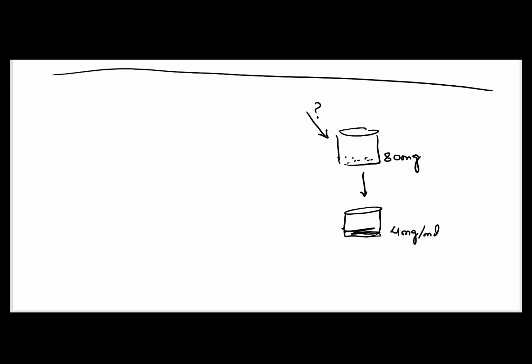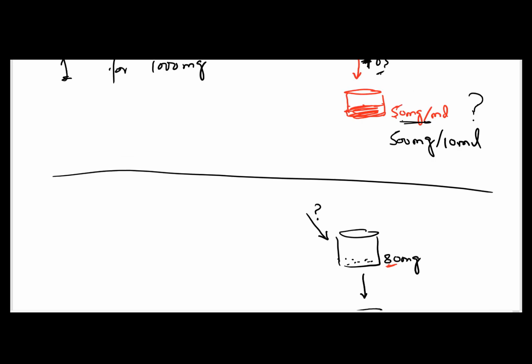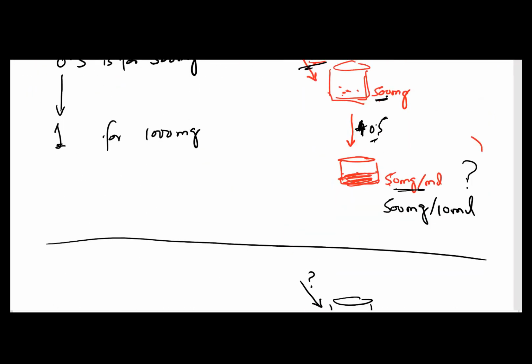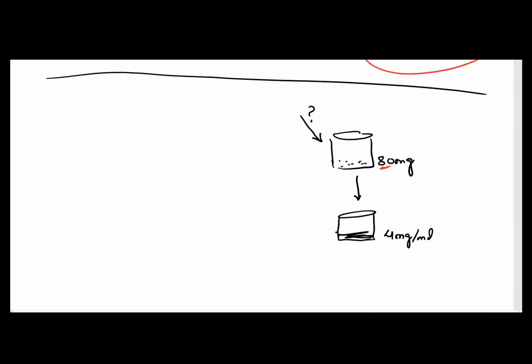So the final concentration is 4 milligrams per mil. But what would be the final volume here? I said 80 milligrams we started with, so here it should be 80 milligrams as well. So if 4 milligrams is present in 1 mil, 80 milligrams will be present in, I'm doing the same thing which I did in the previous question.